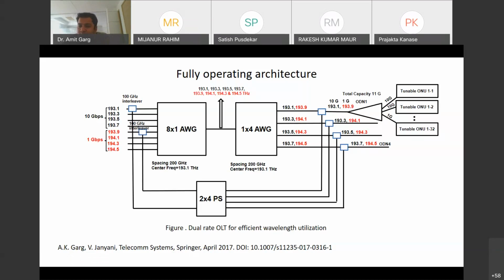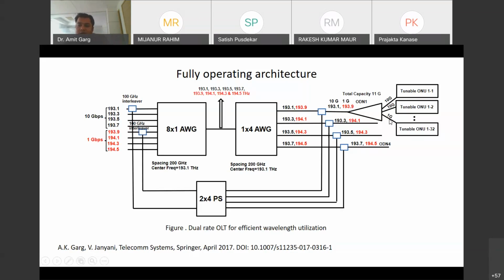And suppose, let's say at some particular point of time, there is a sudden requirement of data. Okay, then what we can do, we can turn on this 10 Gbps and 1 Gbps transmitter simultaneously. Okay, so definitely it will receive 1 Gbps more power, 11G total capacity.